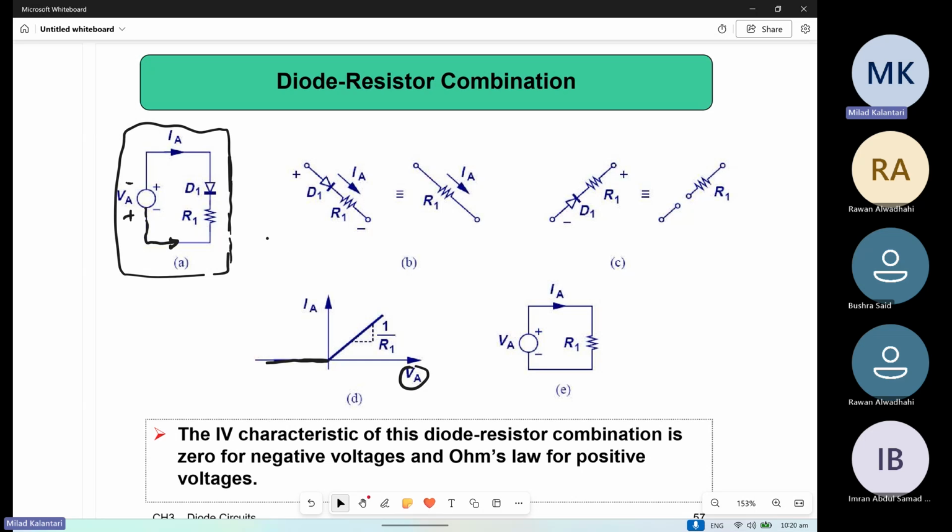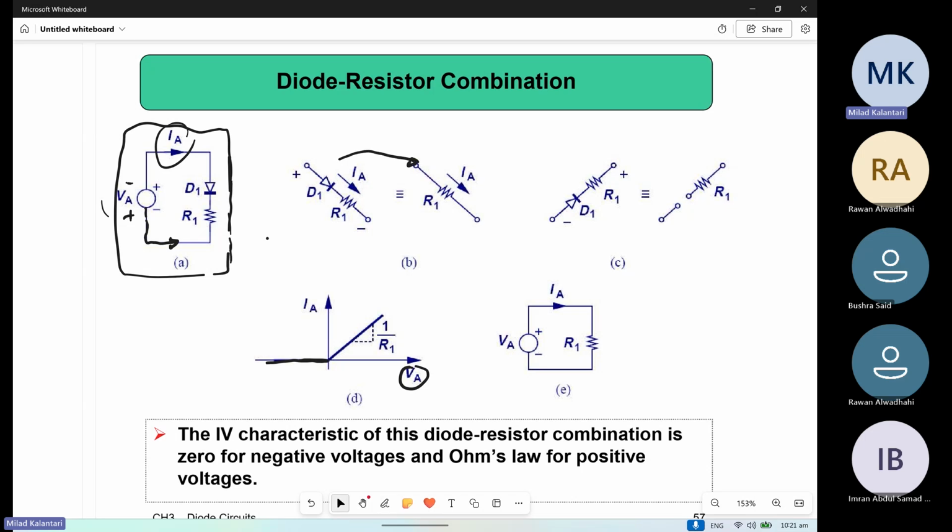So how about for the positives? Once the VA is above zero, what happens when the diode is turning on? What is the IA versus this VA? Basically, the diode is on, and once the diode is on, ideally you can just assume that there is no diode.